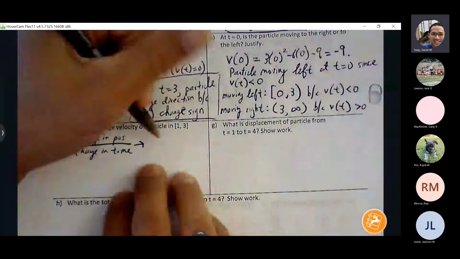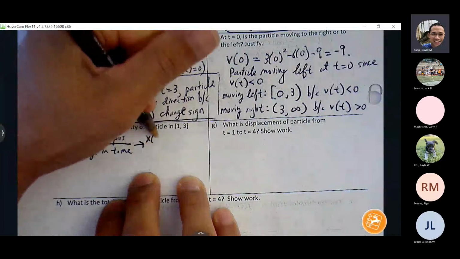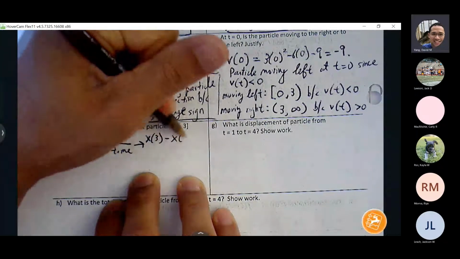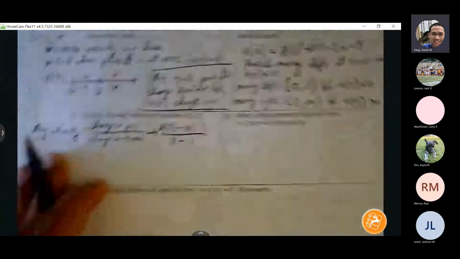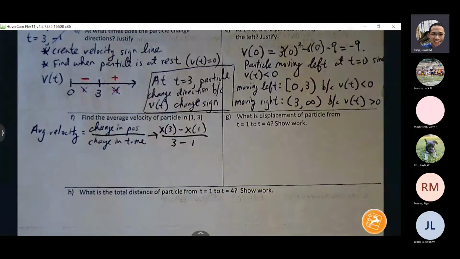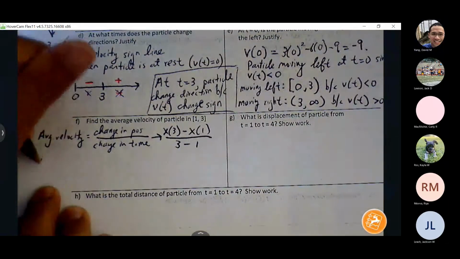So the formula will look like this: x of 3 minus x of 1 over 3 minus 1. So that's the formula you're going to use. You're just going to insert 1 and 3 into the position function, find the locations, and then simply go through that formula.